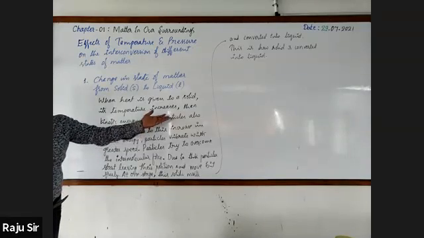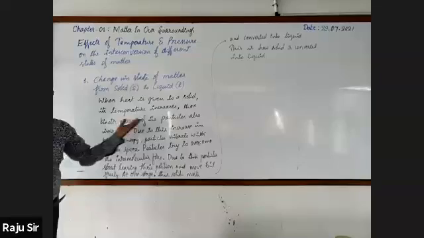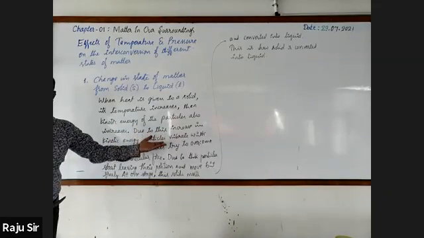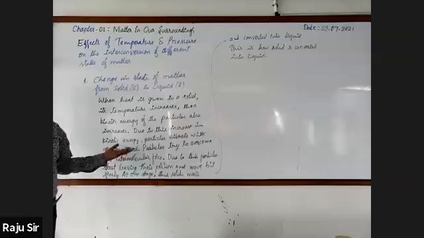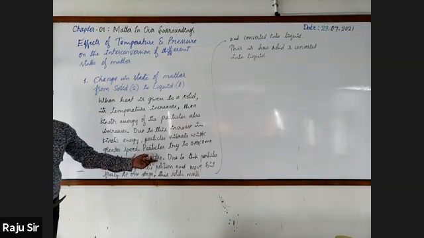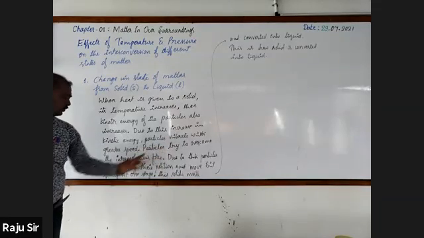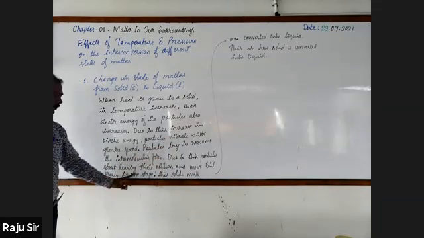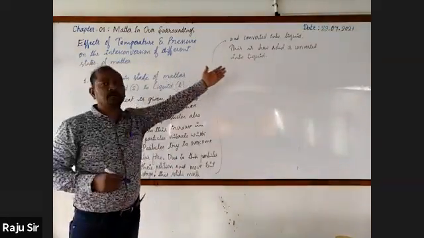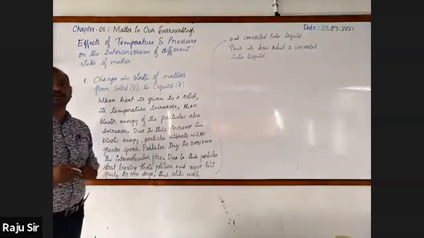Then the kinetic energy of the particles also increases. Due to this increase in kinetic energy, the particles vibrate with a greater speed. Then they try to overcome the intermolecular force. Due to this, they start leaving their position and move freely. At one stage this solid melts and is converted into liquid. So this is how solid is converted into liquid.